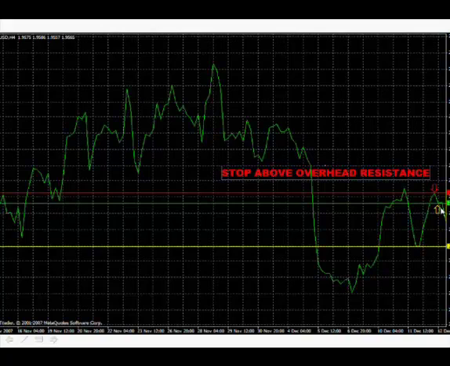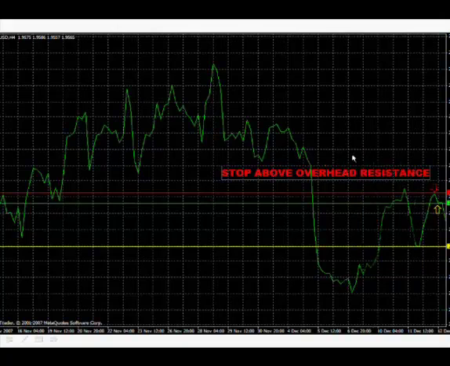You want to break below support. You want to enter on the pullback to the break. You want to place your stop above the very first level of resistance. And then that leaves us, where should we take profits? What should our profit target be? Well, markets cycle between support and resistance.